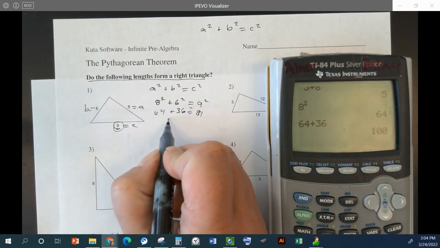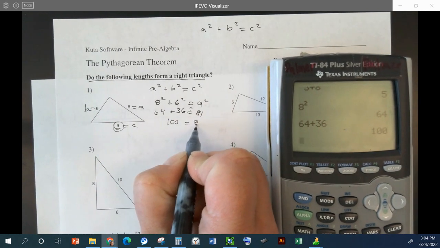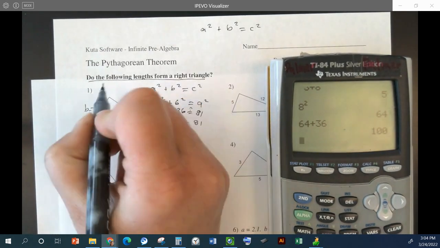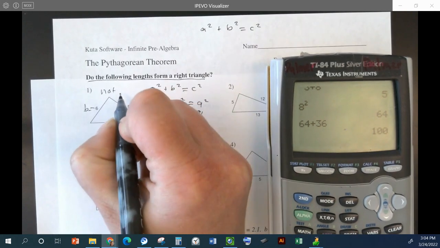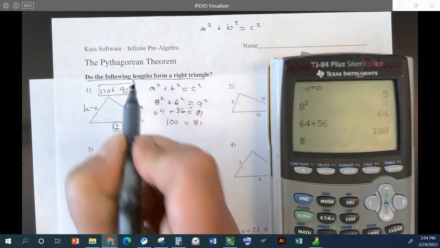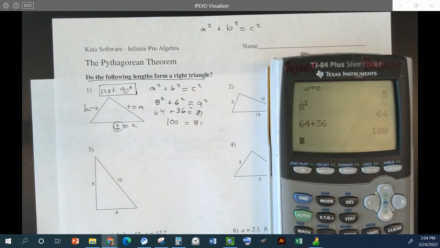So this is 100, and 81 is equal to 100. Is that true? No, so there's not a 90-degree angle. Okay, so that's my answer. There is not a 90-degree angle here. Does that make sense?